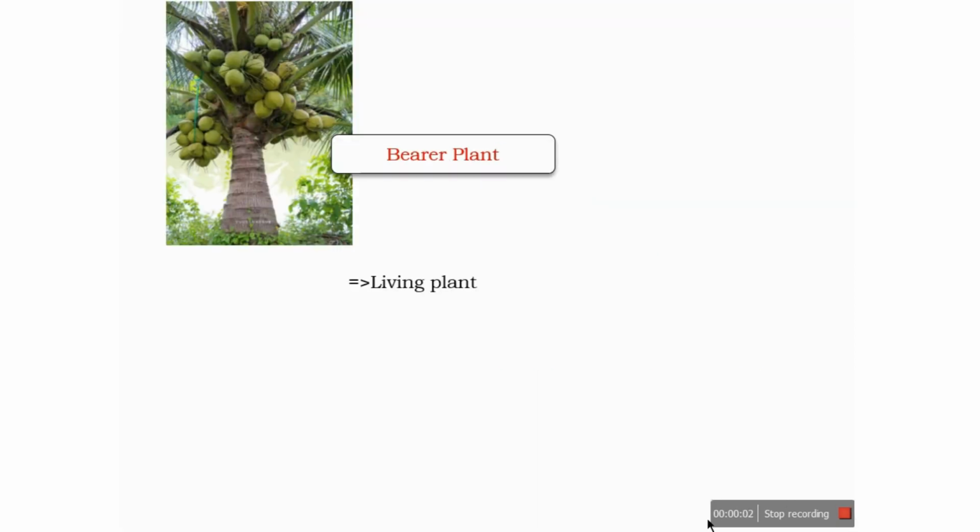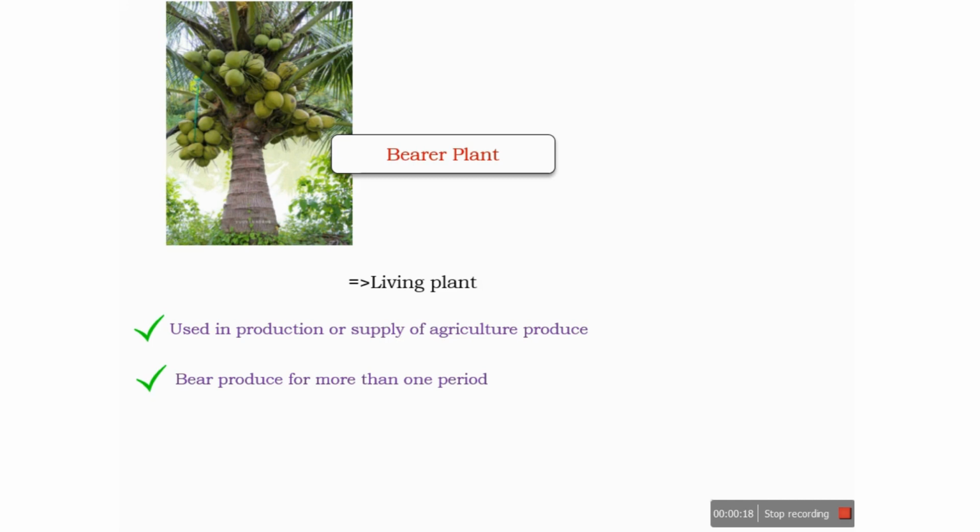Accounting of bearer plant is covered under IND AS 16 property, plant and equipment. So let's understand what the bearer plant is. It is a living plant that is used for production or supply of agriculture produce and is expected to bear produce for more than one period and has a remote likelihood of being sold as agriculture produce except for scrap sale.